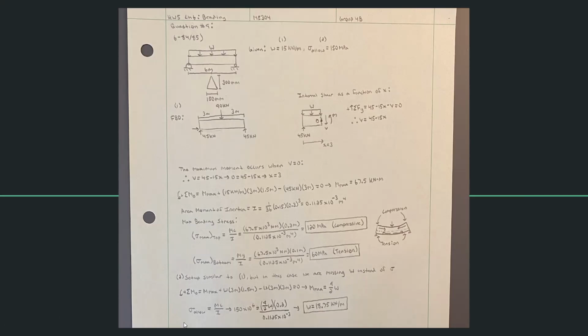And then when we get to doing the allowable bending stress, we don't have that W, which is a part of that moment equation, but we do have the C and we do have the I. So then we can solve for the W, which would give us 18.75 kilonewtons per meter.